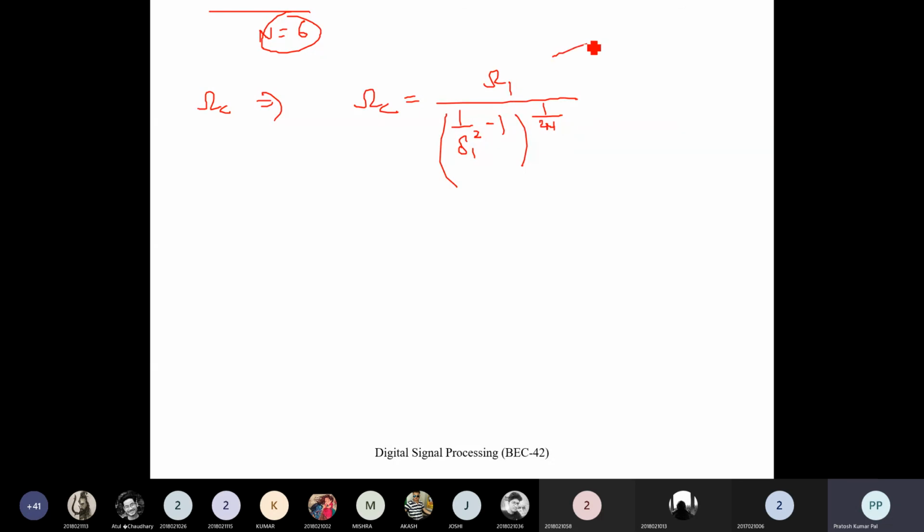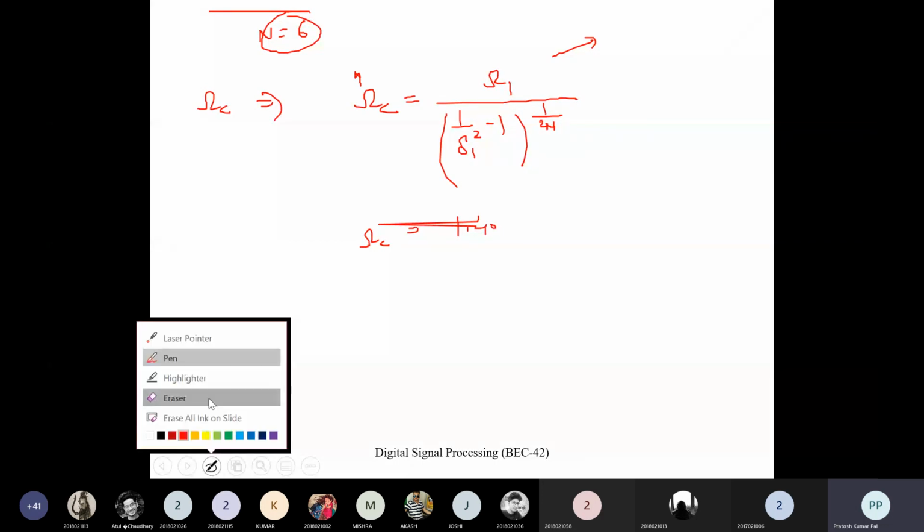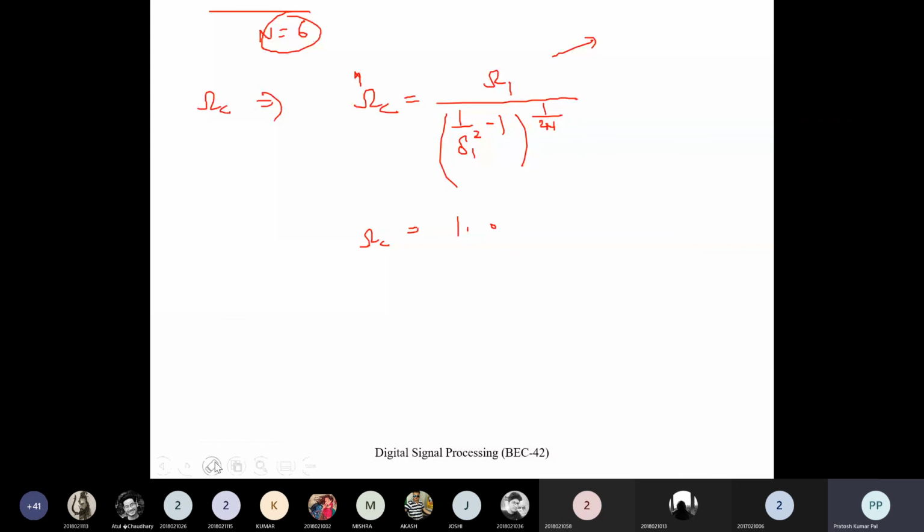This formula comes from the magnitude response of the Butterworth filter, and we separate out the cutoff frequency from there. After putting in omega 1 and delta 1, we get the cutoff frequency as 1.40.